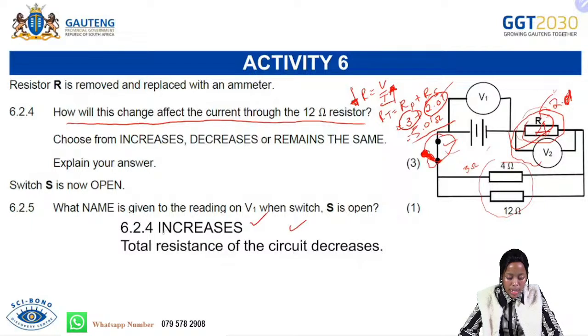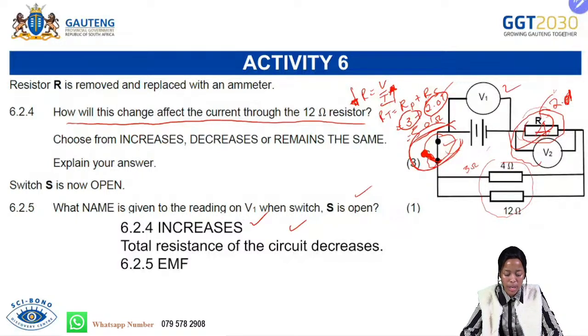It says what is given to the name, or what is given to the reading on V1 when the switch is what? When the switch is open. So we should know that the name that will be given will be the EMF. That is the voltage that we are going to be reading when the switch is open, and that voltage is what?